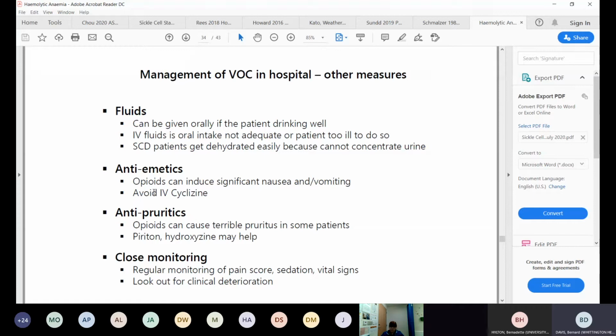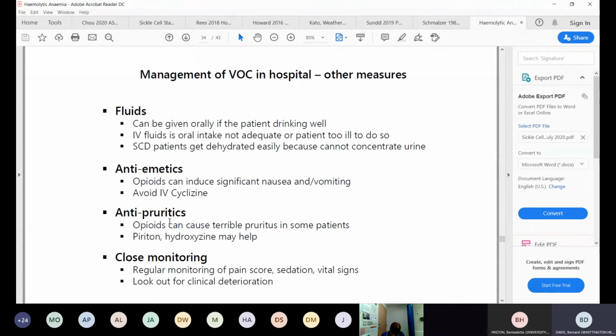And then the other things that we do, so fluids are important, antiemetics. I've put in here, some patients will ask you to give them intravenous cyclizine. Please don't. From my conversations with them, it seems as if some people get a buzz from IV cyclizine. We don't use it, and I'll strongly discourage anyone from using it.